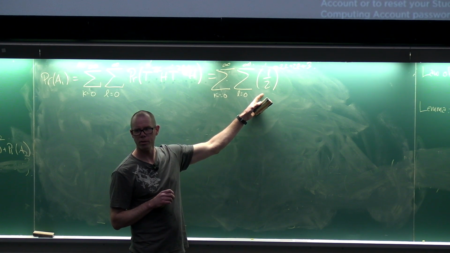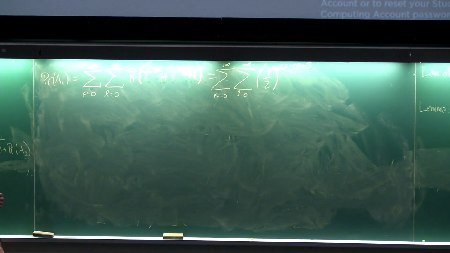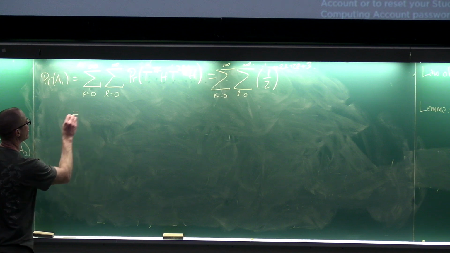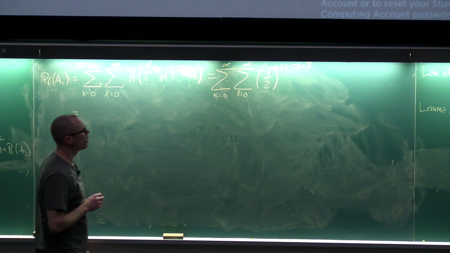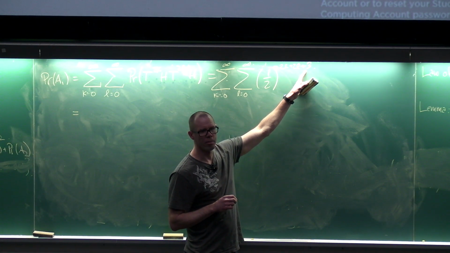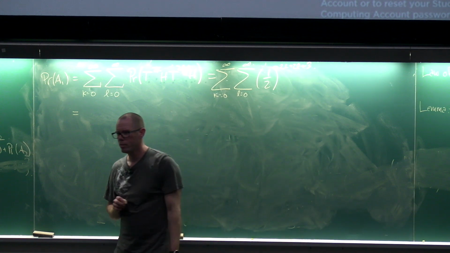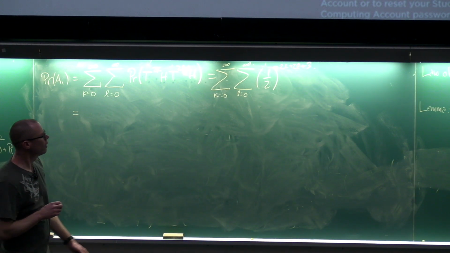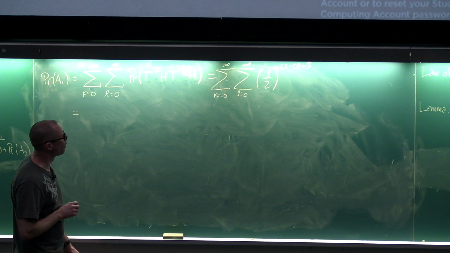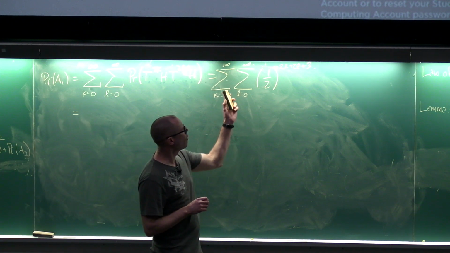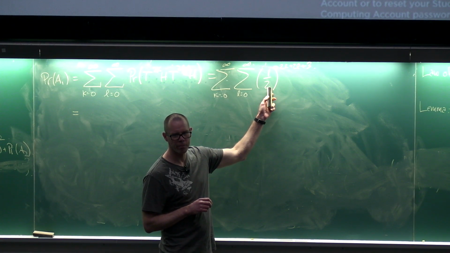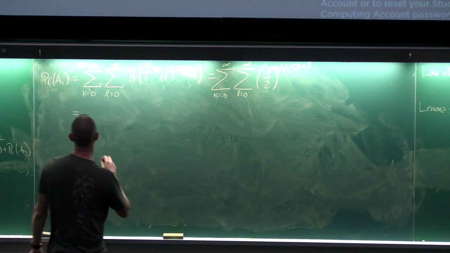Not so much. So let's beat it up using some of the tricks we've learned. There's an annoying plus 3 up here. So that means that there's a 1/2 to the power 3 that multiplies every term here. Let's pull that out front.